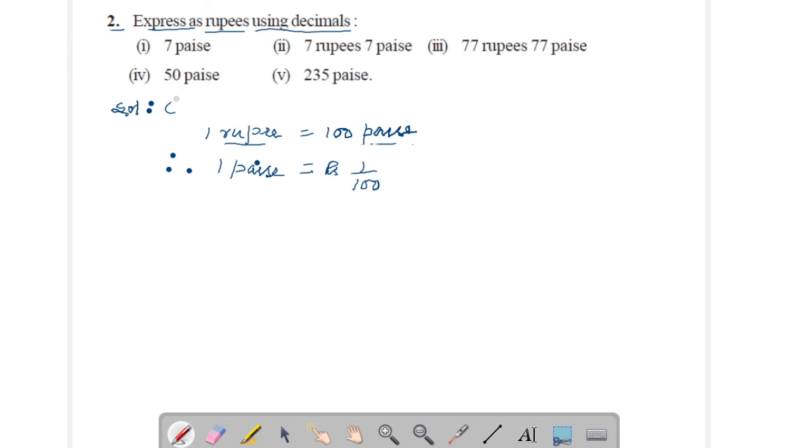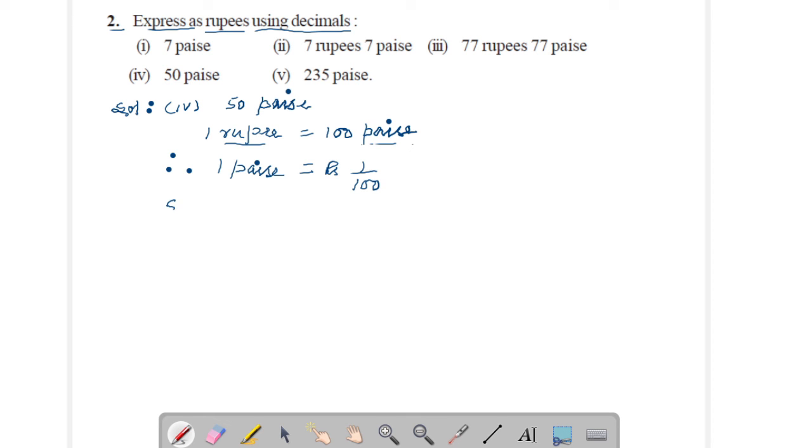Now come to fourth part. It is 50 paise. Here we know 1 rupee, it is equivalent to 100 paise. Therefore 1 paise equal to rupees 1 upon 100.